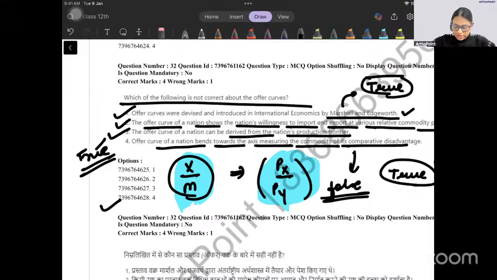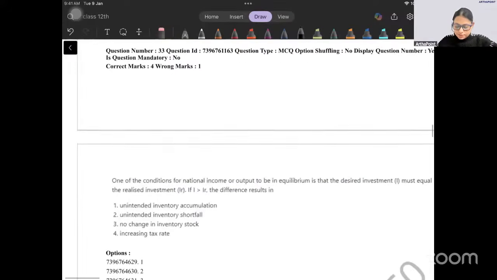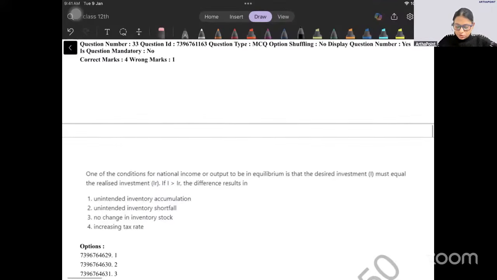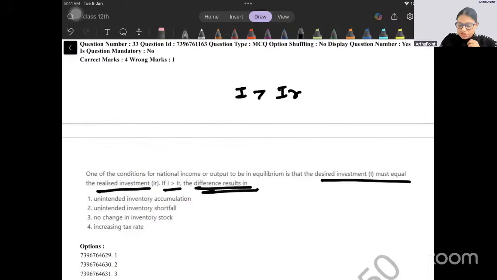Okay. So let's do last 3 questions for the day. Do this one. One of the conditions for national income or output to be in equilibrium is that desired investment must be equal to realised investment. If I is greater than IR, the difference results in.